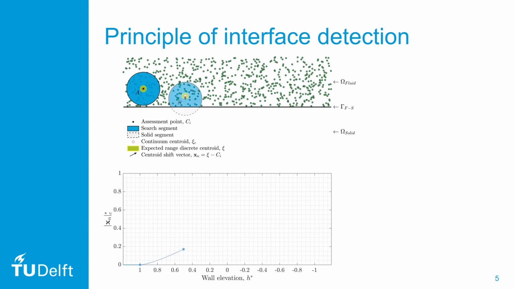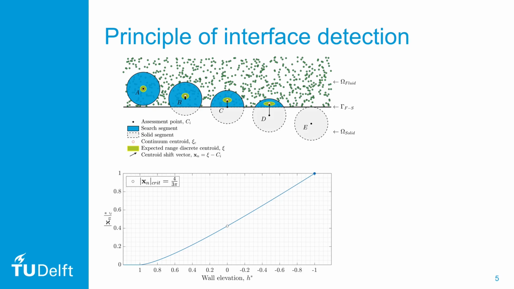As we approach the interface, part of the circle will coincide with the solid, and consequently no particles will be found in this segment, now indicated in gray. Therefore, the vector magnitude of the mean particle position and the circle center will be non-zero. As we get closer and into the surface, the vector magnitude will keep on increasing until we do not find any particles anymore, as we are fully immersed in the solid.